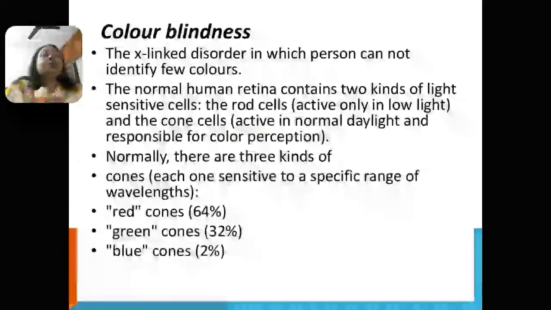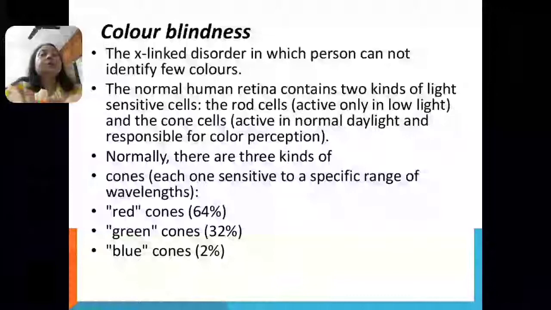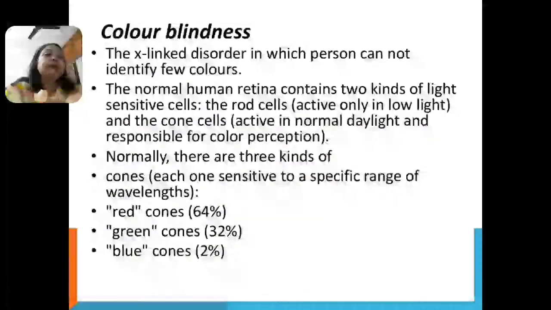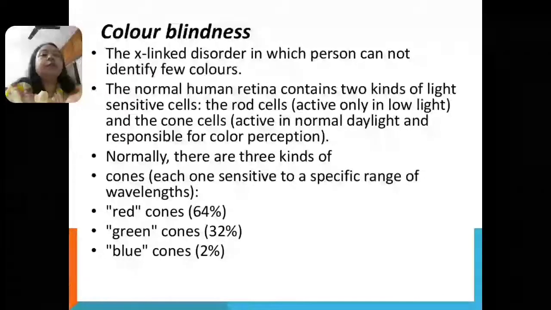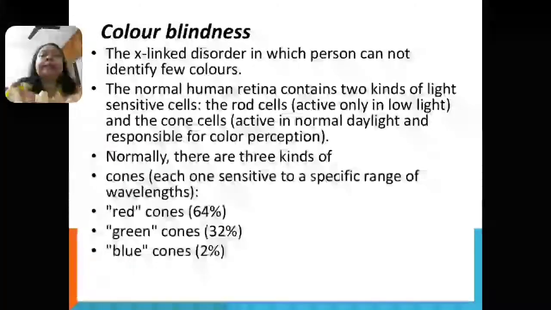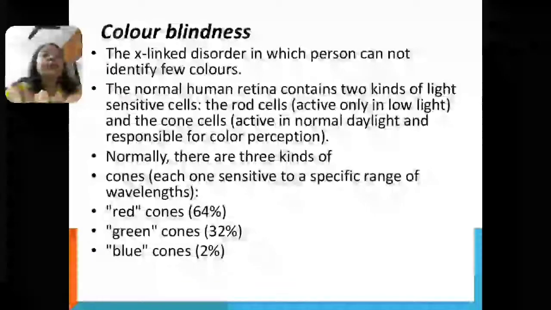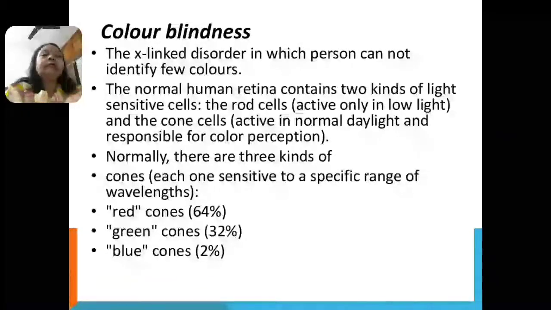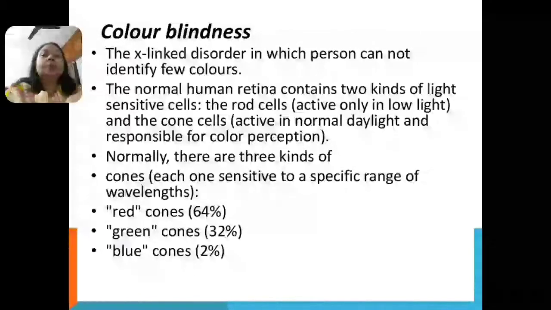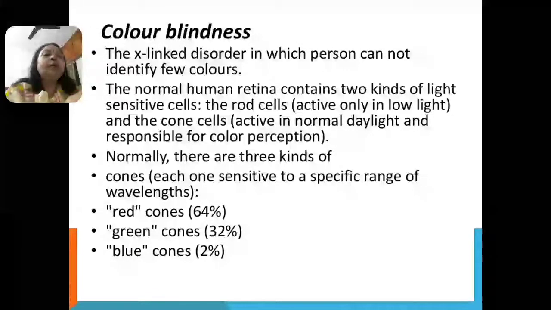The next very common genetic disorder is color blindness. It is also an X-linked disorder in which a person cannot identify a few colors. The normal human retina contains two kinds of light-sensitive cells. One is called rod cells, which are active only in low light, and the other is known as the cone, which is active in normal daylight, and both are responsible for color perception.